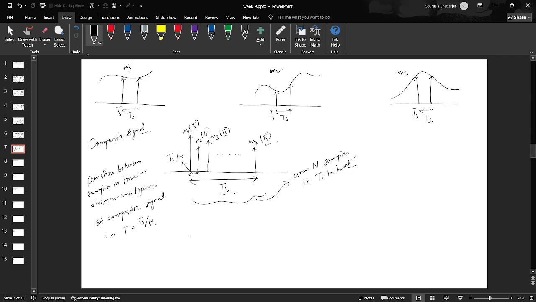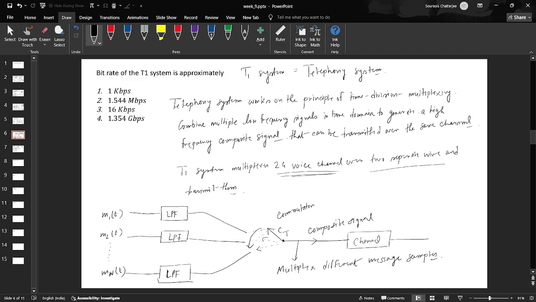At the receiver side, just to give the clear picture, your composite signal comes, and you use another commutator, which we denote as CR. Let's denote the previous one as CT here.